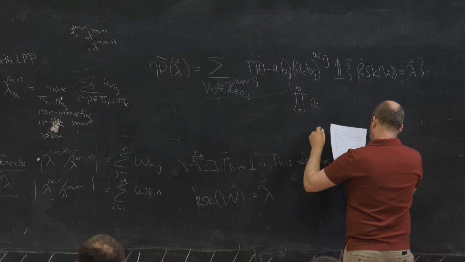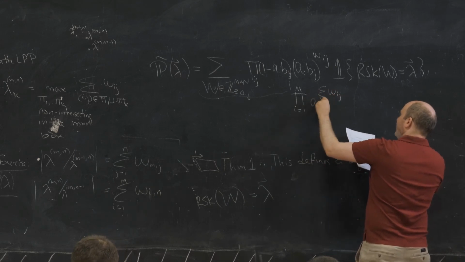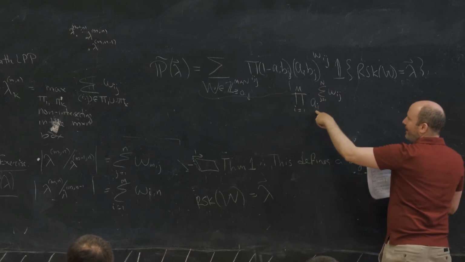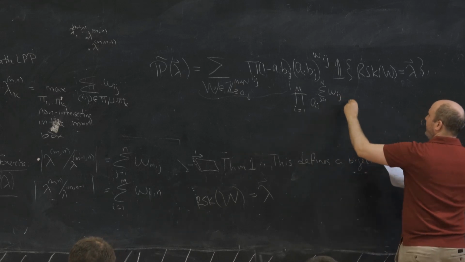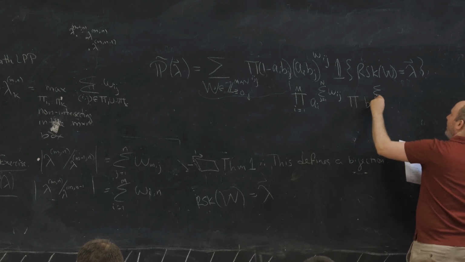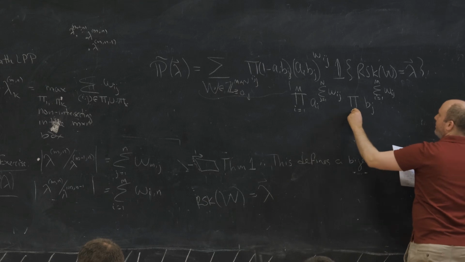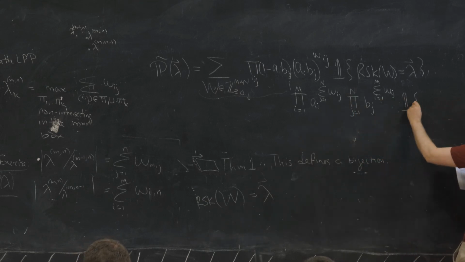So I can write this as ai to the sum of the wij's for j equals 1 to n. This is just keeping track of each term where ai occurred. Well, it comes up for wij for all j. And then similarly, the bj's come up when I sum i equals 1 to m of wij. And I take j now 1 to n, and I bring down this indicator function as before.